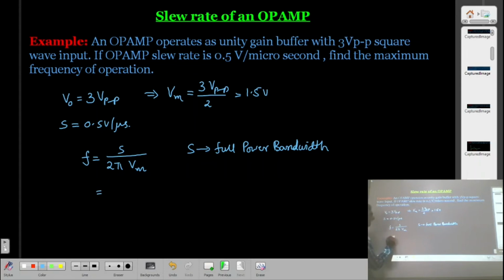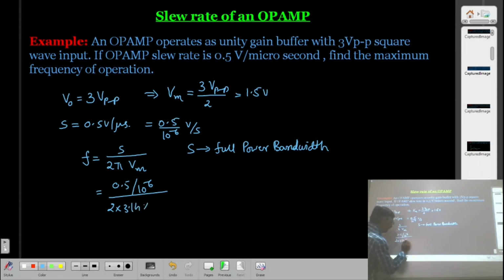So here S is 0.5 volt per microsecond, which is actually written as 0.5 divided by 10 raised to minus 6 volt per second. So here we will write 0.5 divided by 10 raised to minus 6, divided by 2 into 3.14 into my peak value 1.5 volt.